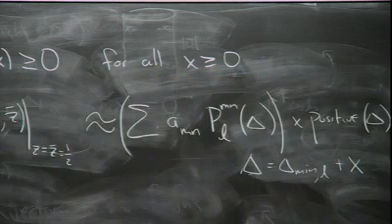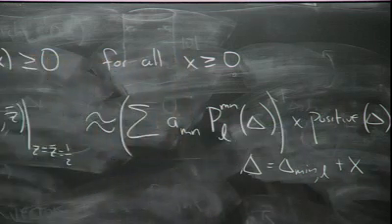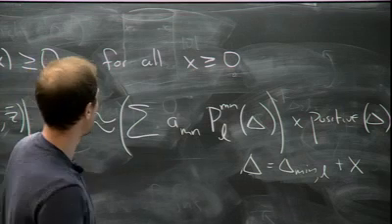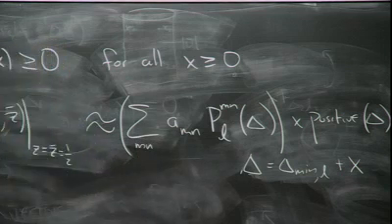And now, if we have a positive function of delta, then it doesn't matter in this inequality. And so now we have an inequality of the form sum over mn of a_mn times polynomials in x is bigger than or equal to 0 for all x bigger than or equal to 0.